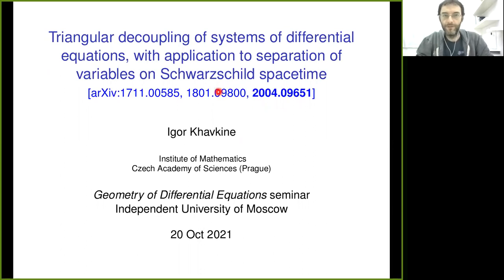The title of my talk is a little bit long, and the topic itself relies on some motivations from studying linearized gravity, linearized Einstein equations on the background of a spherically symmetric Schwarzschild black hole. But I'm not going to spend so much time on these background and motivational issues.